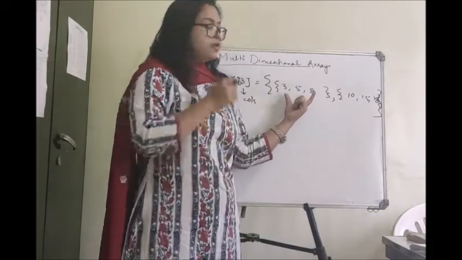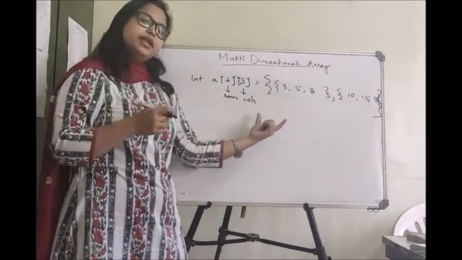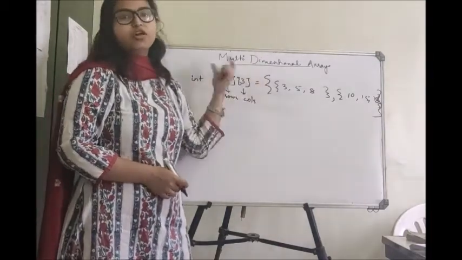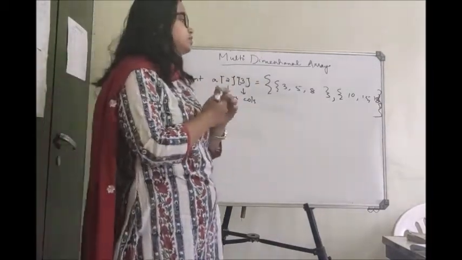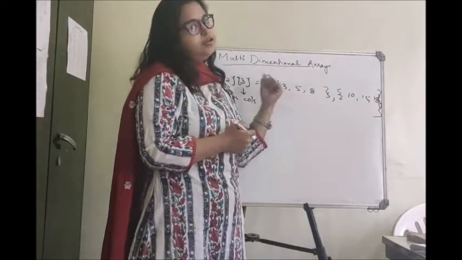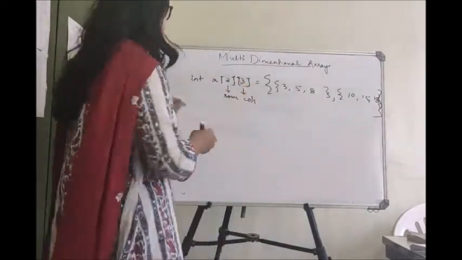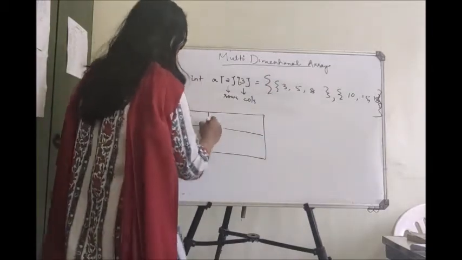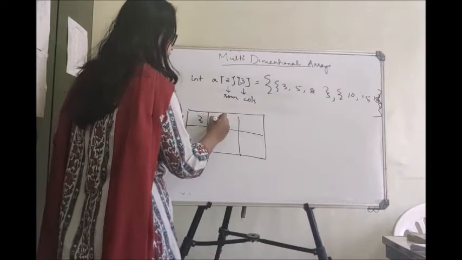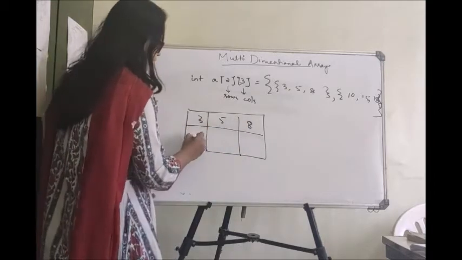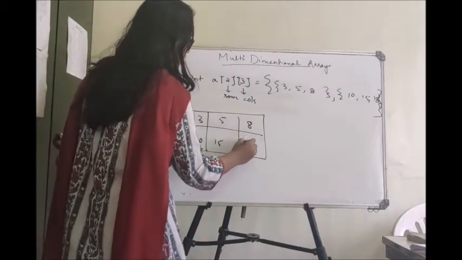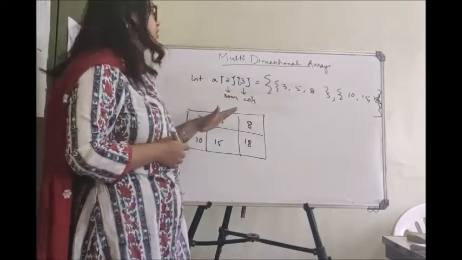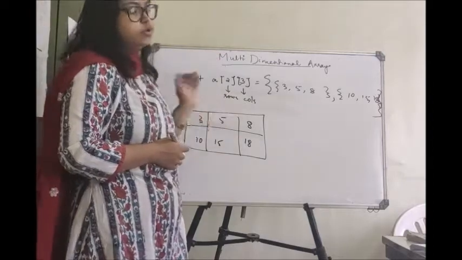And in each row, as many elements will be present as the number of columns. If there are 3 columns, then in each row I have to define 3 elements. So the structure will look like this. The memory will be allocated, and 3, 5, 8 is the first row, and 10, 15, 18 will be the second row. I think now it's crystal clear. If you have any doubt, you can always post it.